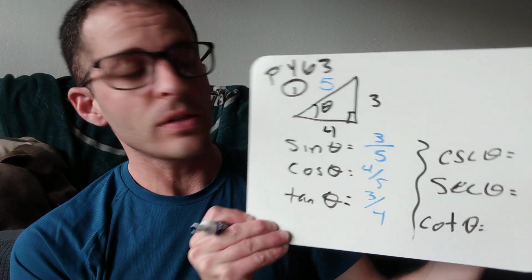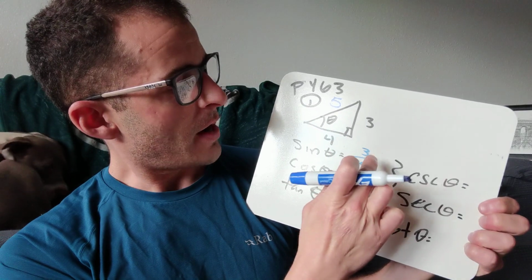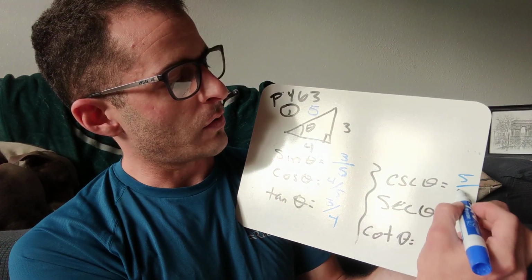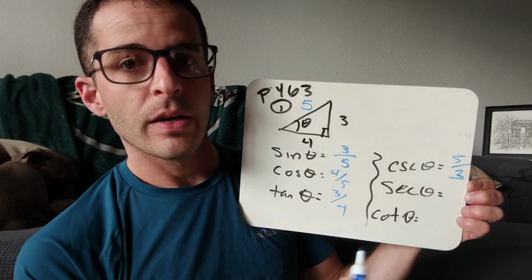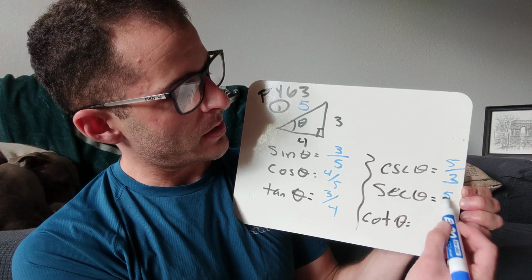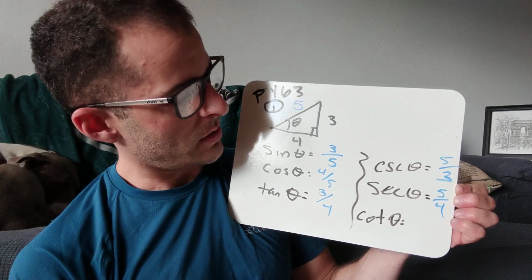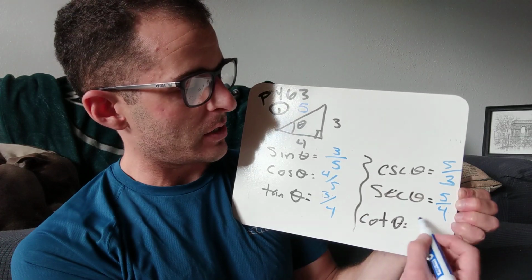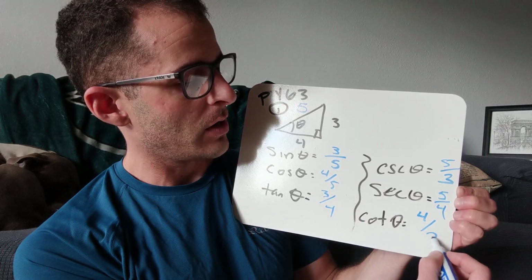Okay, one of the previous whiteboards, I said that these are reciprocals. So cosecant is not the opposite over the hypotenuse, but the hypotenuse over the opposite. Secant is not the adjacent over the hypotenuse, it is the hypotenuse over the adjacent. And then finally, cotan is not opposite over adjacent, it is adjacent over opposite.